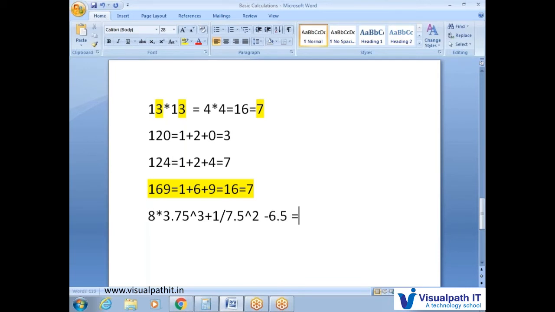So find the value. What is the value of 8 into 3.75 cube plus 1 divided by 7.5 square minus 6.5? So how to solve this question?